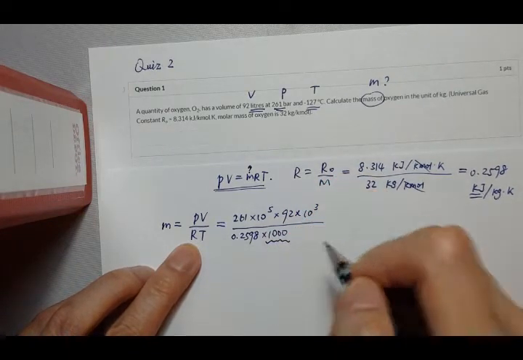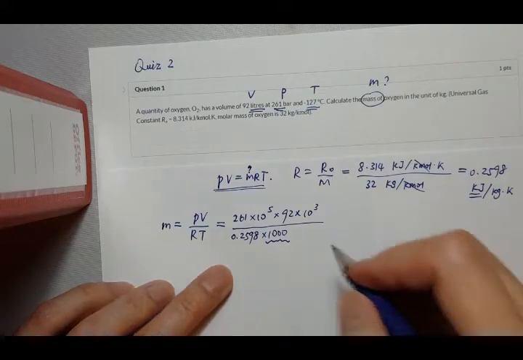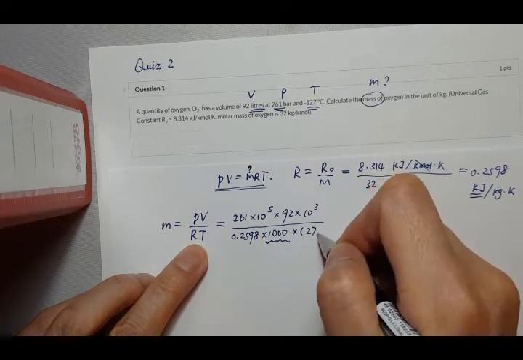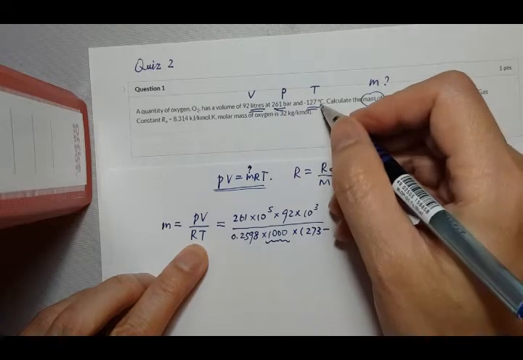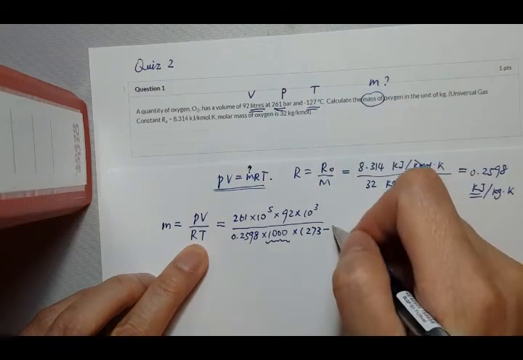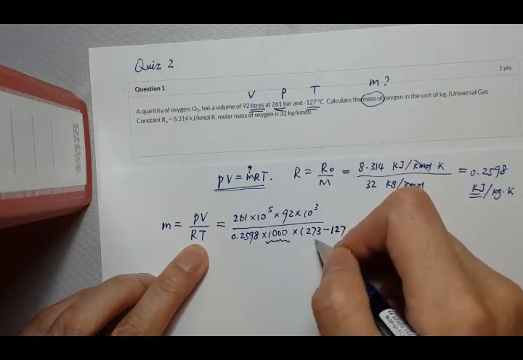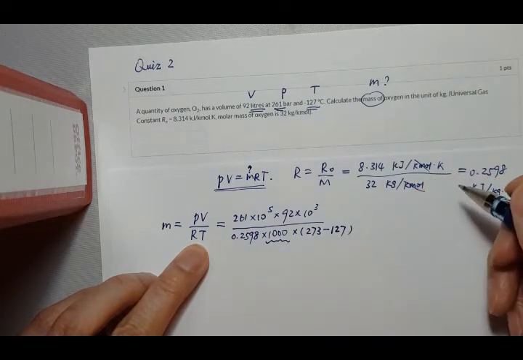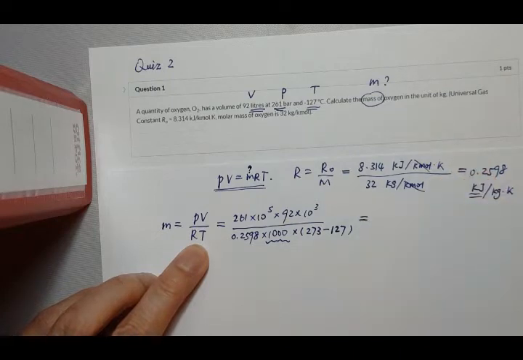This bit is, I think, a very common mistake: times T, and again we need to be careful because this is in degrees Celsius, so you need to add 273.